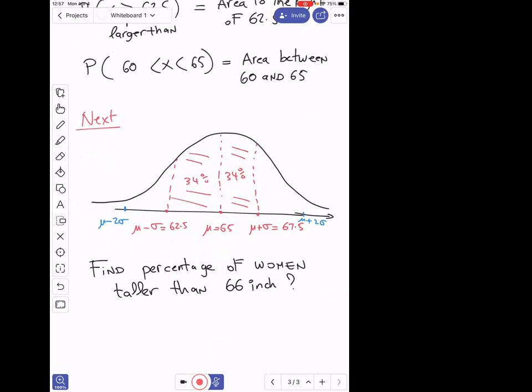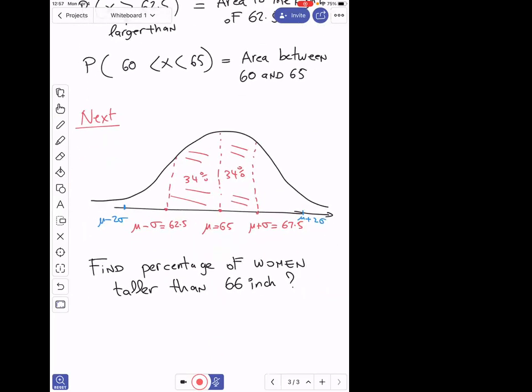So taller than 66, that's more than 66. So that will be the area to the right of 66, right? Again, let me just write down here. Taller than 66, that's more than 66. So that's the area to the right of 66.